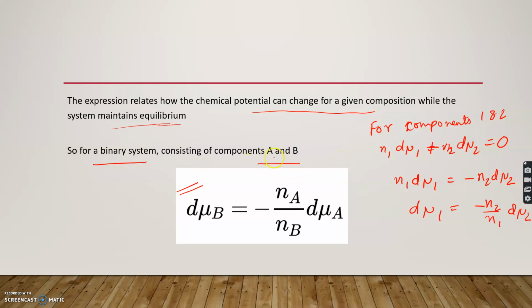Here they have taken components A and B. In this example I have shown it for components 1 and 2. Here they have calculated the d mu for component B, but I have calculated it for component 1. So this can be done for a binary system.